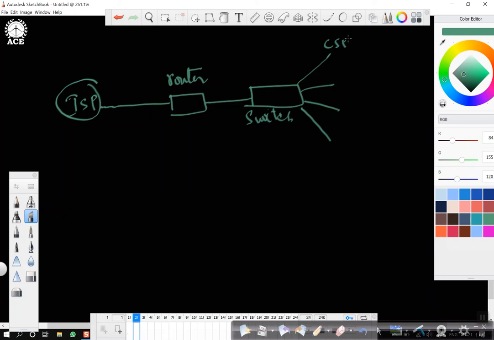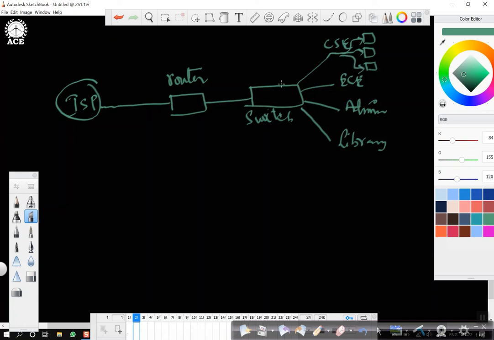Okay, this is a CSC block, this is an EC block, this is the admin block, library block, and so on. So in these blocks, through these wires, I can connect to different access points. So these access points in turn may be connected by means of different wires. So the connectivity will come through this.